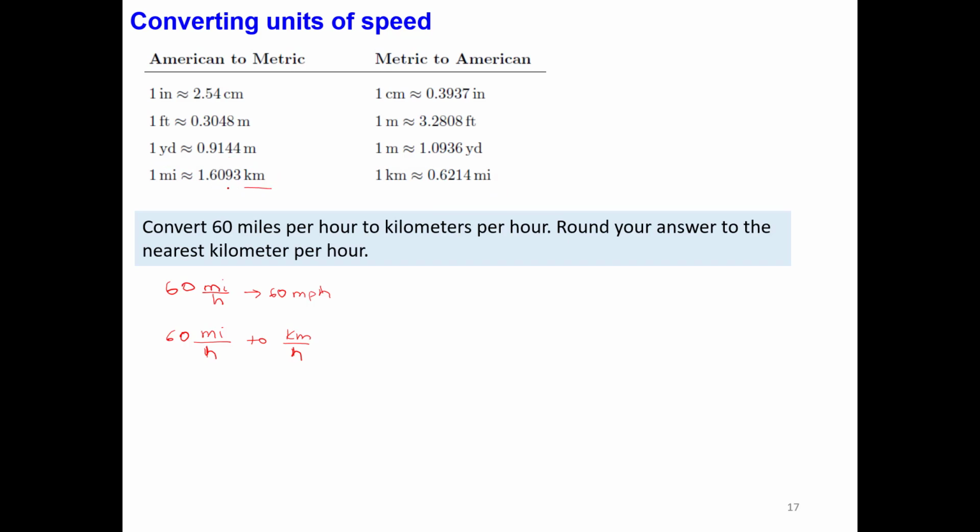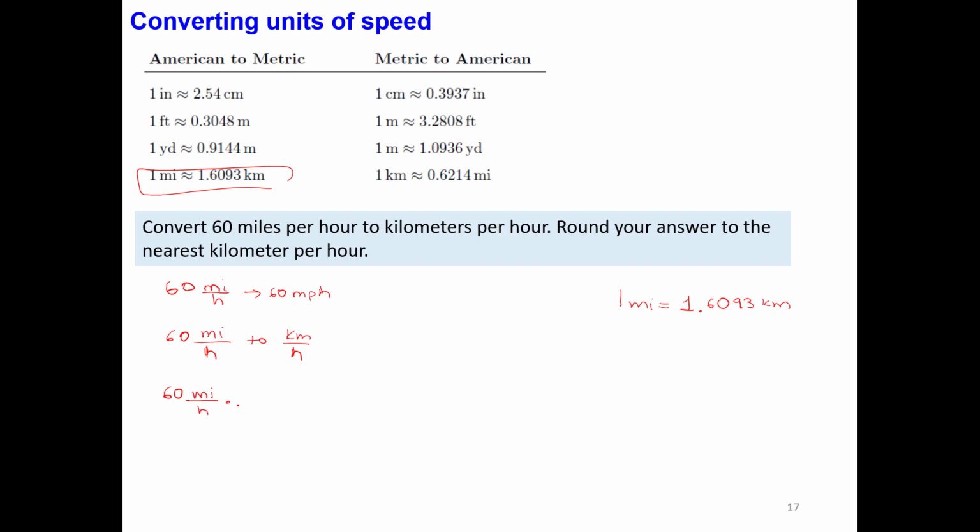Let me write here the conversion factor we will use: 1 mile is equal to 1.6093 kilometers. And let's write here 60 miles per hour. And we need to convert the miles.